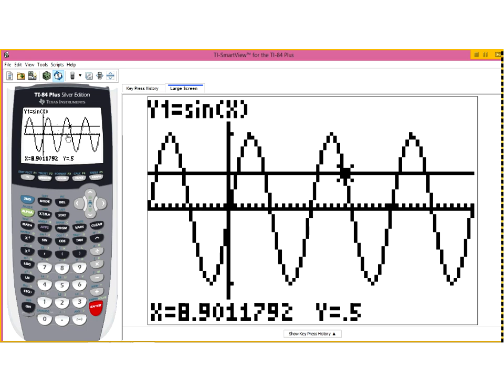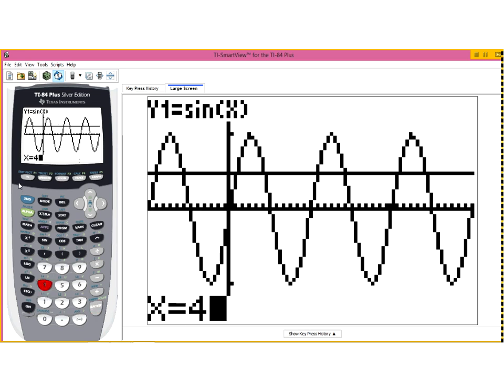Well, let's see. So here's 2 pi, 3 pi, there's 4 pi. It's a little past 4 pi. In fact, it's pi over 6 past 4 pi. So 4 pi plus pi over 6.